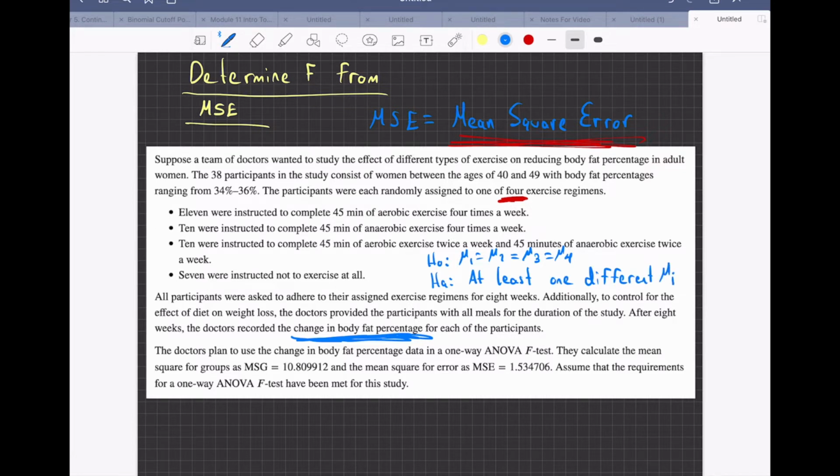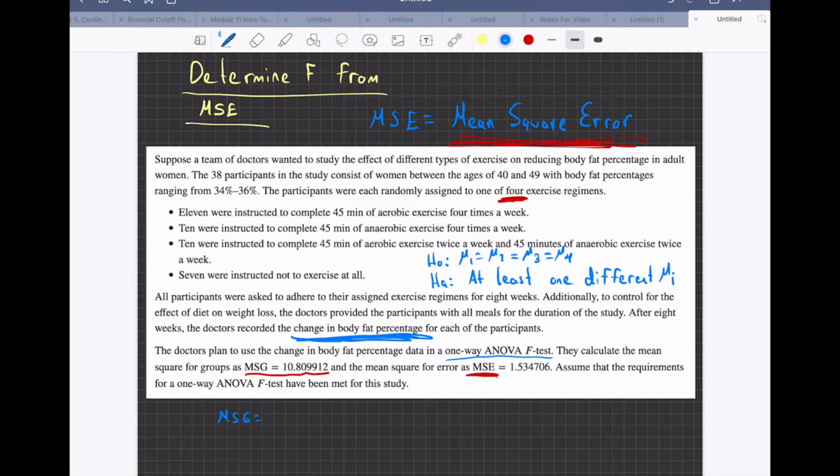The doctors plan to use the change in body fat percentage data in a one-way ANOVA test. They calculate the mean square for groups as MSG equal to this. This is another value typical from ANOVA when you are computing this by hand. What is the meaning of each?